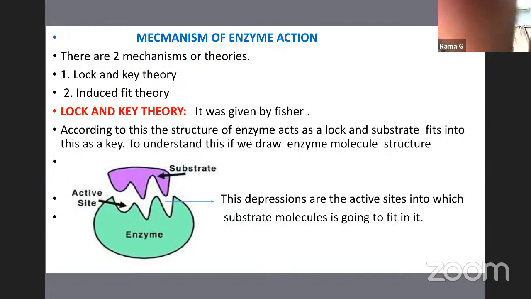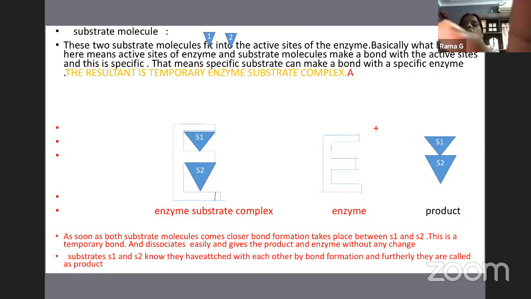That means the related substrate molecules join with the active site of the enzyme and give an enzyme-substrate complex. That complex further dissociates into enzyme and product, and at the end of the reaction the product molecules connect with one another. That is explained in this lock and key theory.